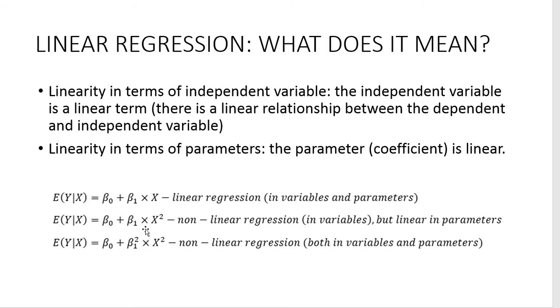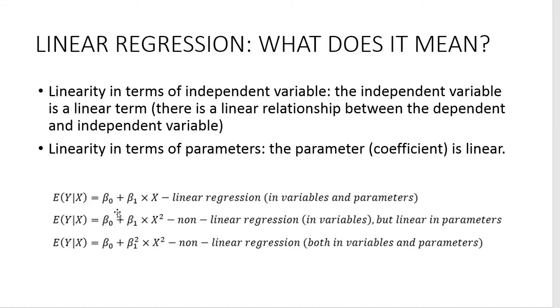This is a regression which is non-linear in terms of variables, because we have x to the power of 2 as the independent variable, but still linear in terms of parameters, because beta 0 and beta 1 are both linear terms. By the way, I have no idea why I also mentioned beta 0, because it's a constant, so please concentrate only on beta 1.